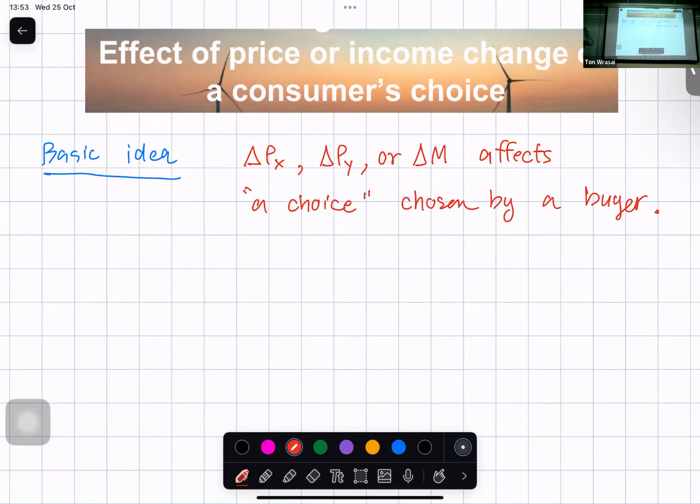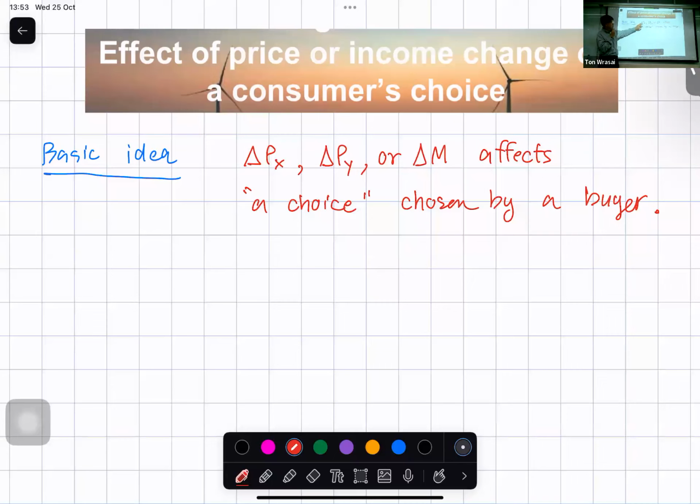We start with the basic recognition that with this pizza Pepsi story, if the price of good X, pizza, changes, or the price of Pepsi, good Y, changes, or his parents change the income given to this guy, a change in M, all these changes affect the choice chosen by this guy.